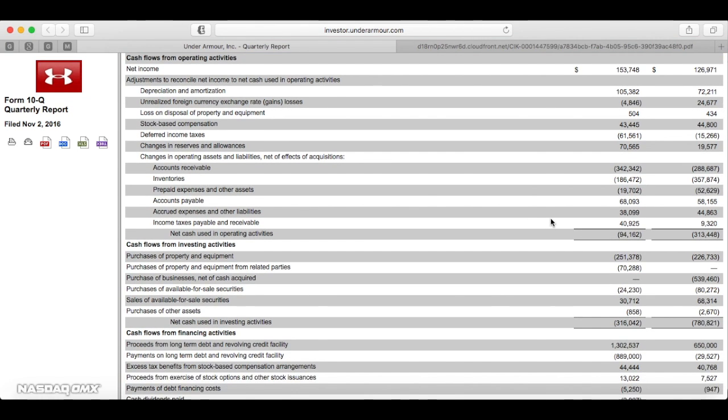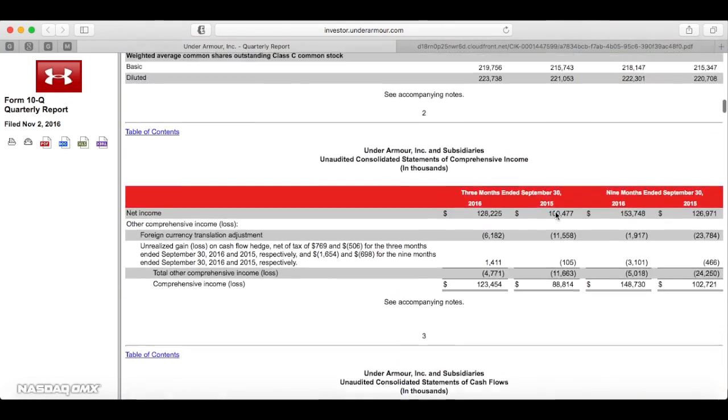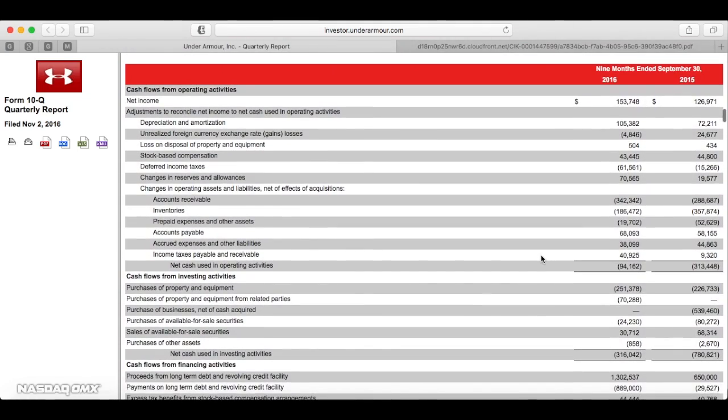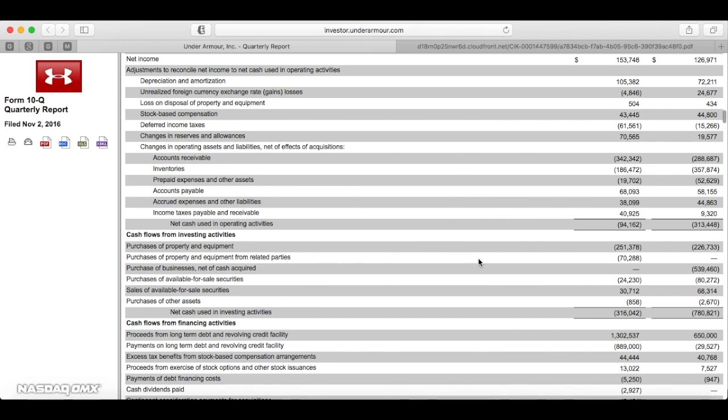And this is really giving you an idea of how the cash flowed through the business. A lot of investors really like to look, an income statement is great. It gives you this net income number, but net income can be mildly deceiving once you start looking into all these other expenses, and this kind of gives you an idea how the cash flowed in and out of the business.